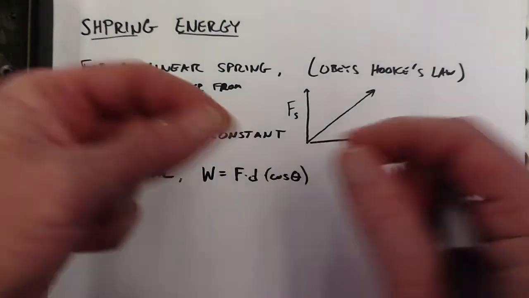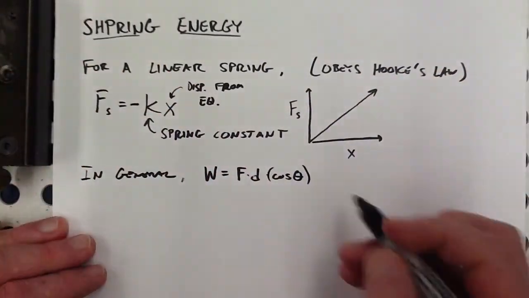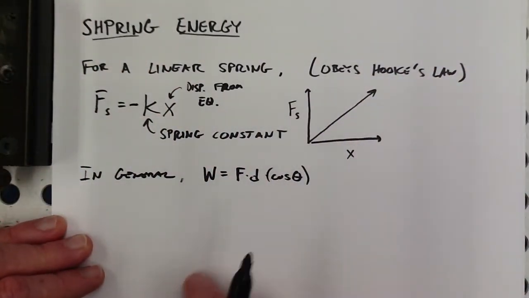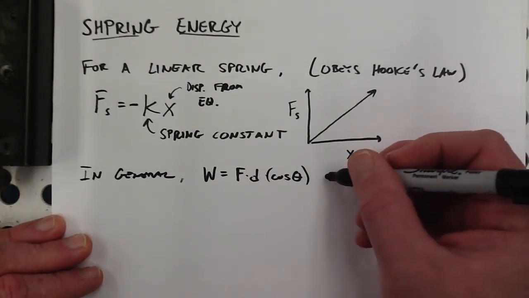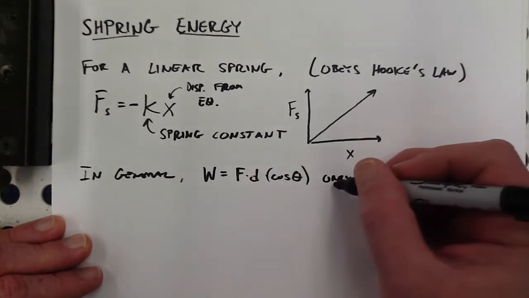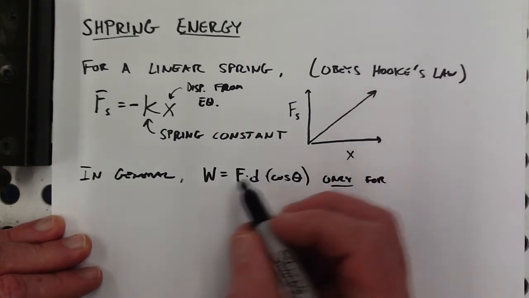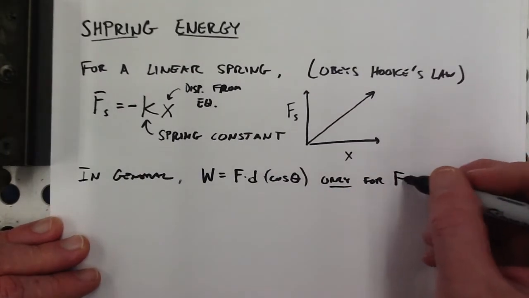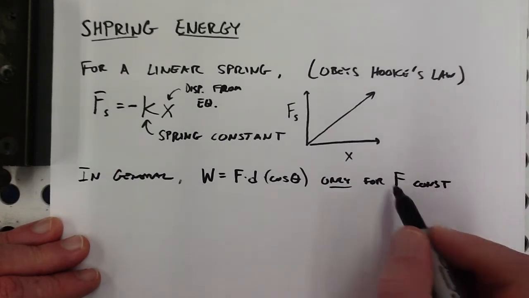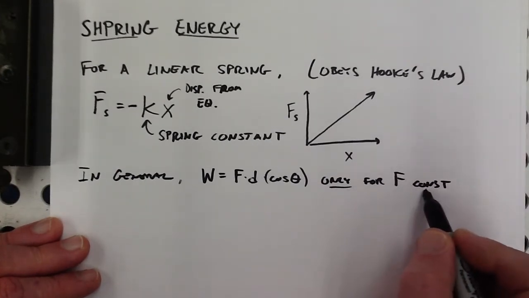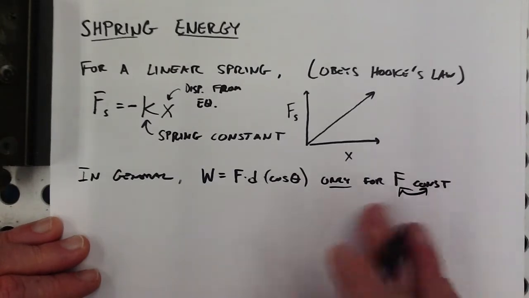Here we're talking about one-dimensional motion, so the angle is not really going to be at play. But actually I can't use this at all, because this only works for constant forces. Sorry, that should say constant force. That should be the other way around. You get the idea.